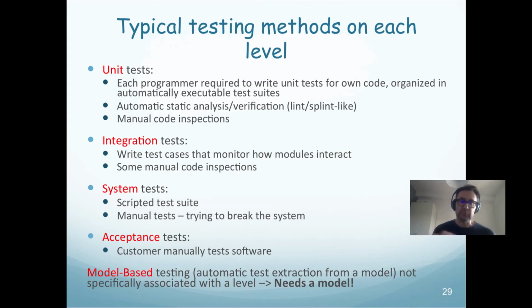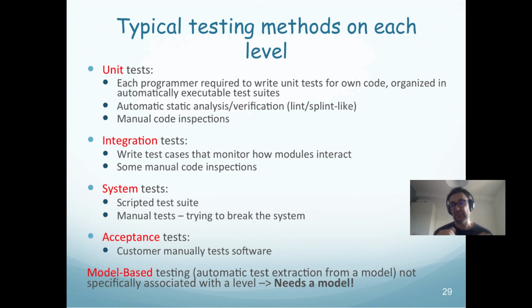But the classical view here on the levels is that unit tests typically can be done by the developer or programmer themselves. So on a low level, you're going to write executable tests in some kind of framework like JUnit or CUnit, depending on what kind of languages you work with. There are many different implementations of unit testing frameworks.